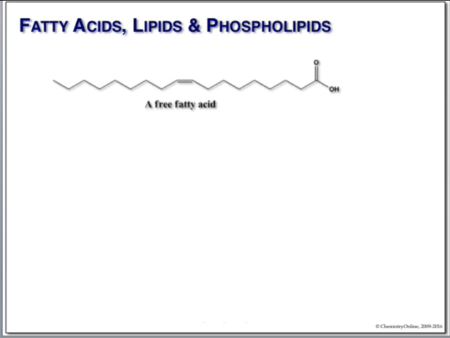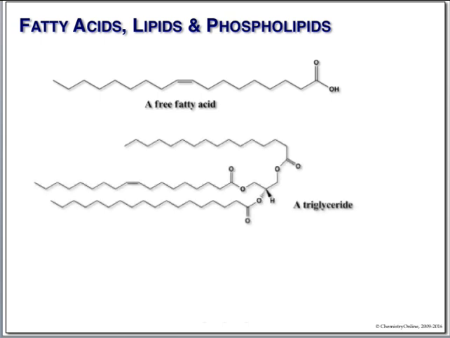If you have a trans fatty acid, the body cannot recognize it, cannot metabolize it, so it's bad for you. Saturated fatty acids are good for you. Unsaturated fatty acids are also good. Trans fatty acids are bad.